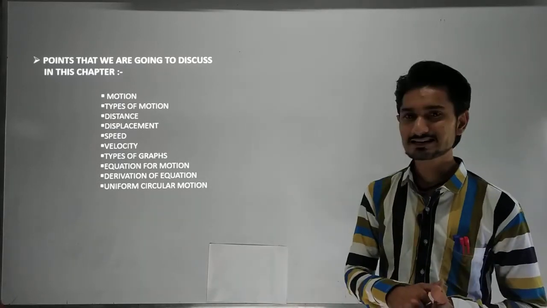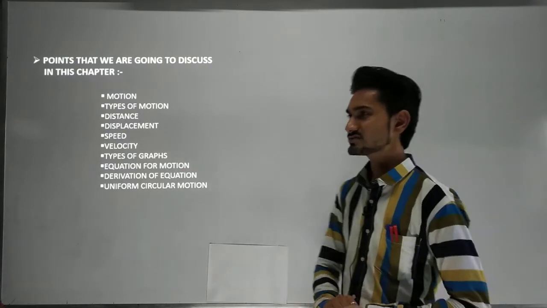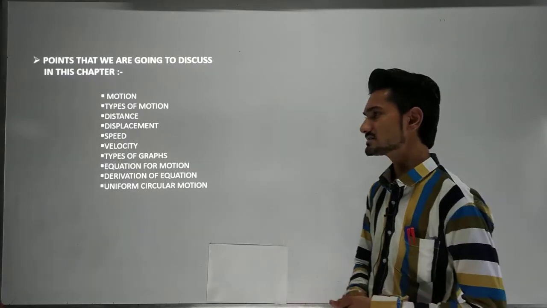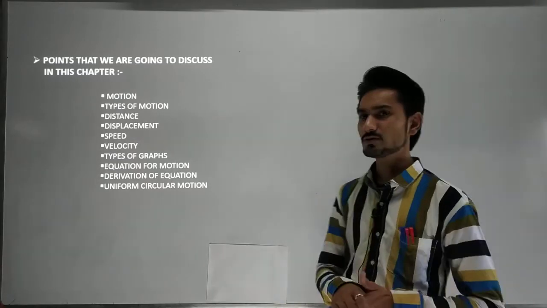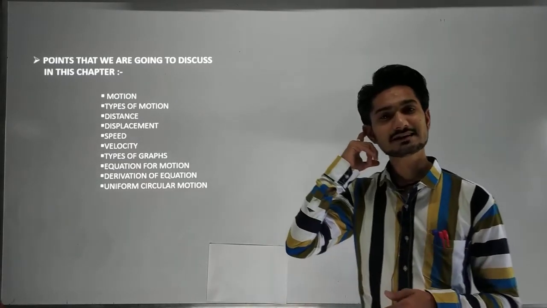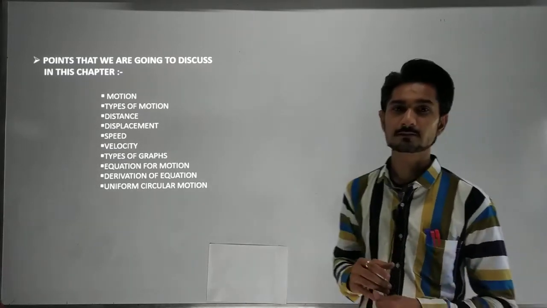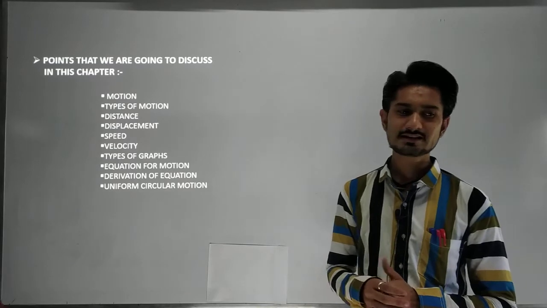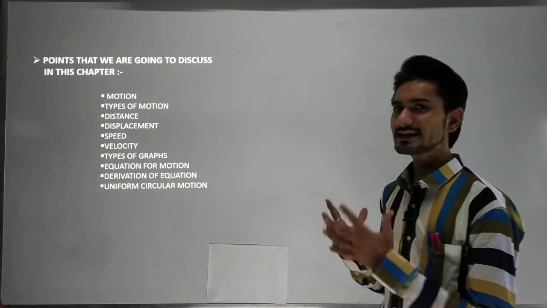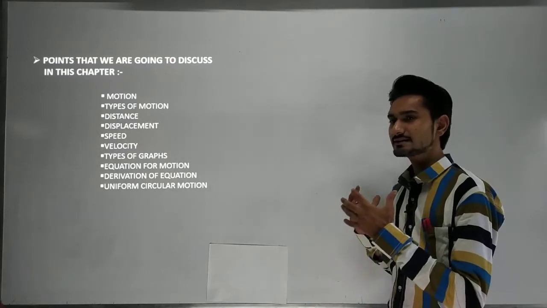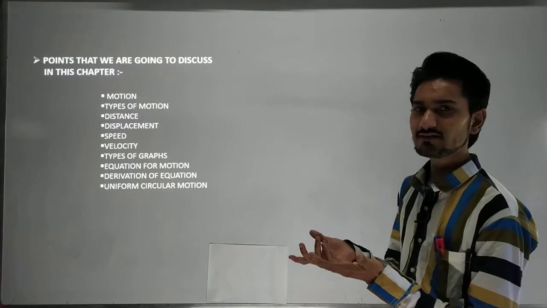Afterwards, we started the basic concepts of some quantities in physics: distance, displacement, speed and velocity. But before that, we have seen what a scalar quantity is and what a vector quantity is. A quantity which can be represented only by its magnitude is a scalar quantity, and we have seen that mass is a quantity that can be represented by giving the magnitude only.